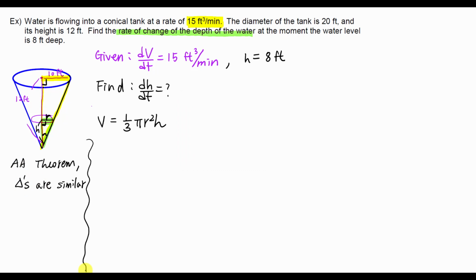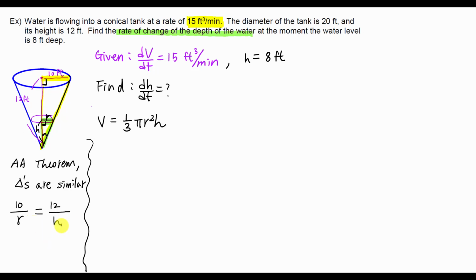So then we have a relationship. Corresponding sides are proportional. So the radius of the larger cone, which is the leg of a right triangle, 10 feet, to the radius of the smaller cone has to be proportional to the leg of the larger triangle, which is the height of the larger cone, 12 feet, to the height of water, which is h.